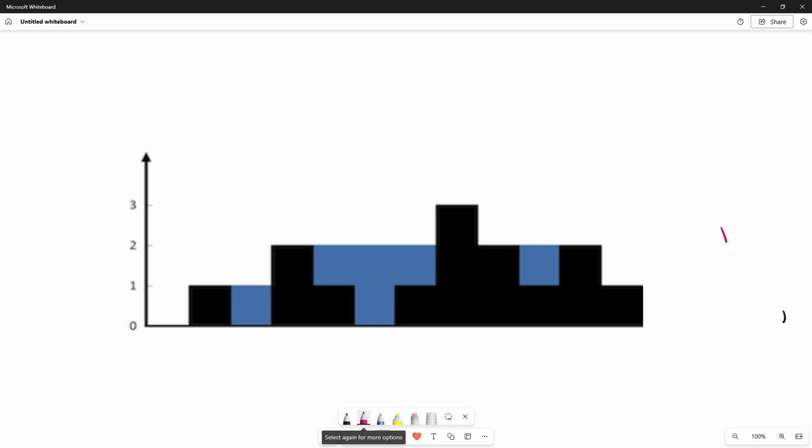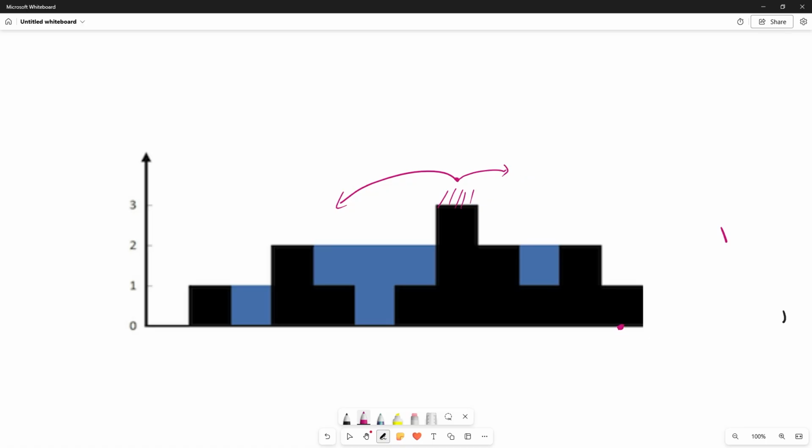Okay, so let's just recap what we did. At any position, if we know the largest bar toward the left and the largest bar toward the right, let's say in this solution we will not consider the height of the index at which we are standing; we will consider only the left and the right.